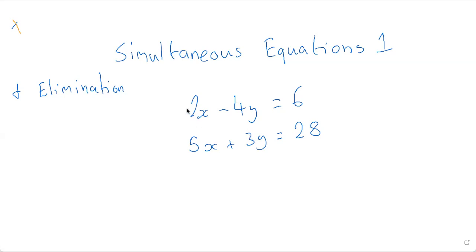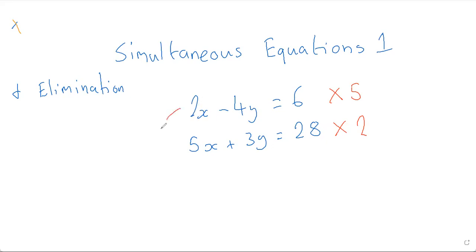So what we're going to have to do is multiply both equations by something to get a common coefficient. It just so happens that before x is easiest again, we've got 2x here and 5x here. So I'm going to multiply this by 5 and then multiply this by 2. This is because I want the coefficients before x to be the exact same. In this case, they'll both be 10.